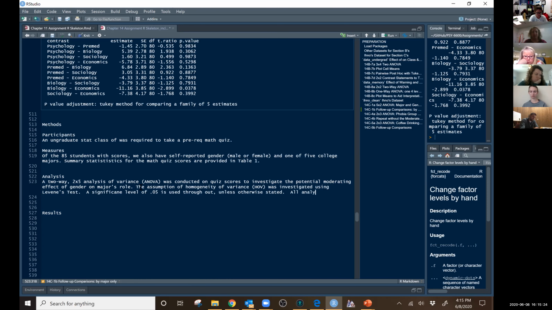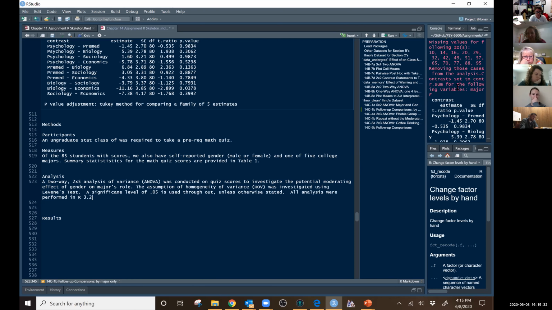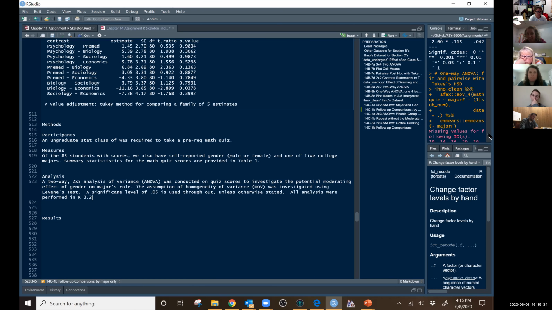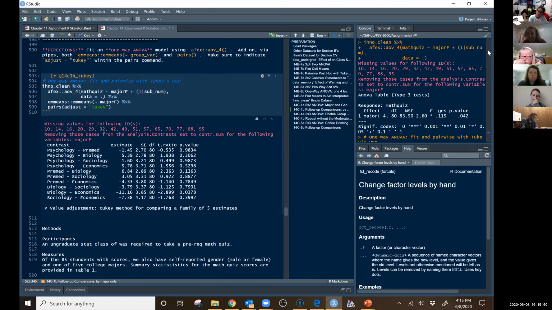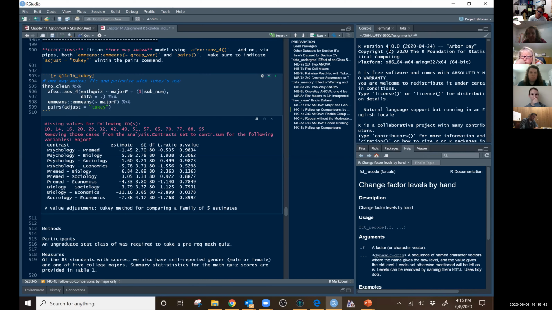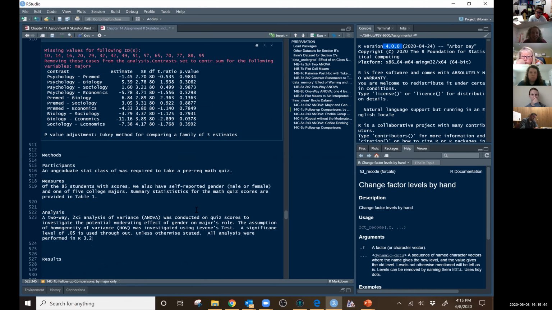All analyses were performed in R 3. What are we in? Do you know how to find out? There, 4.0.